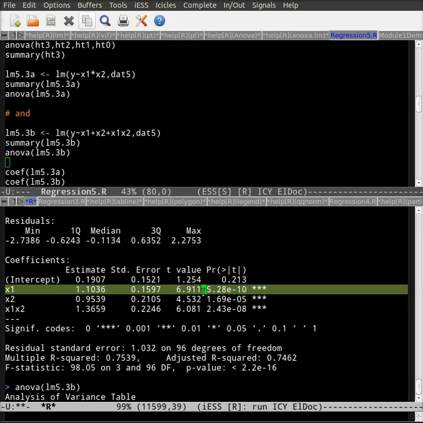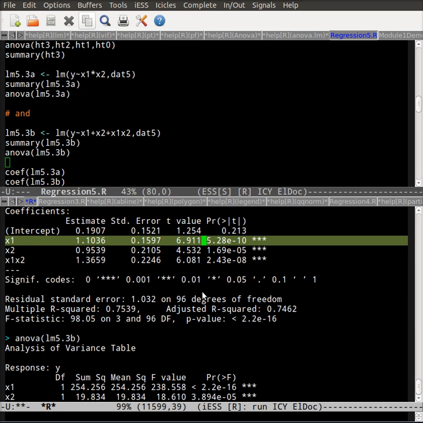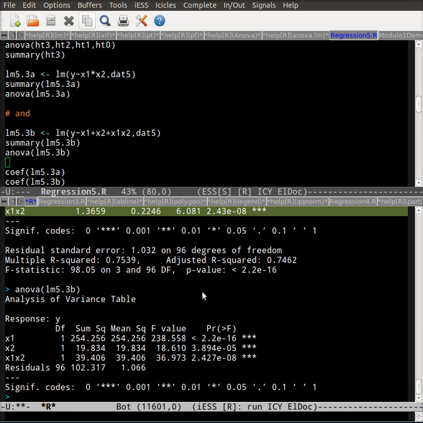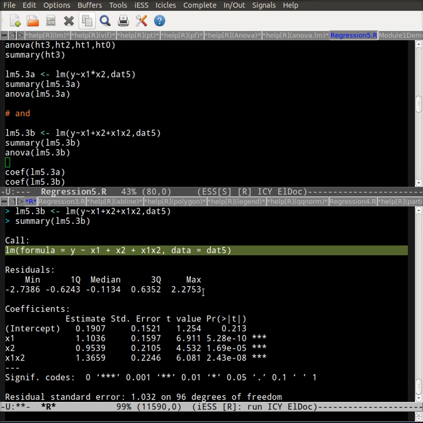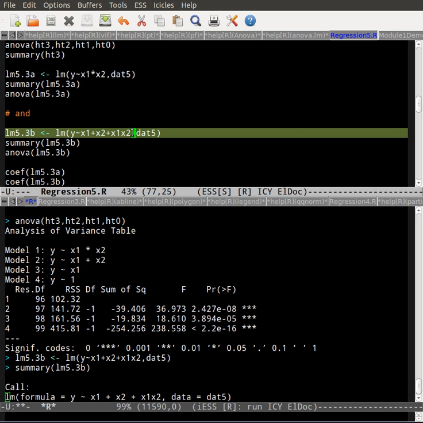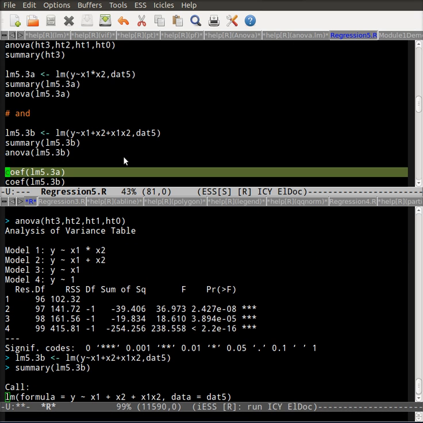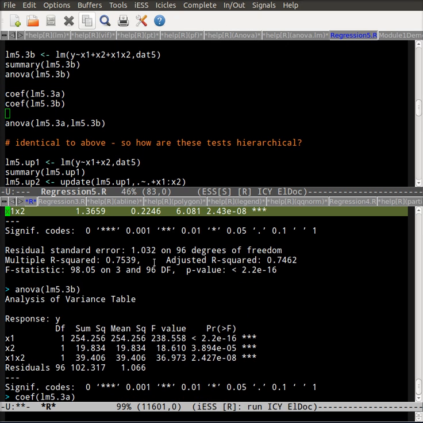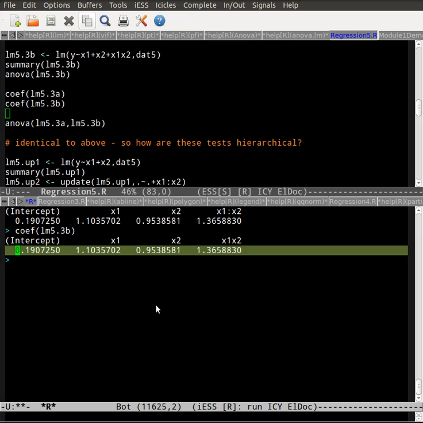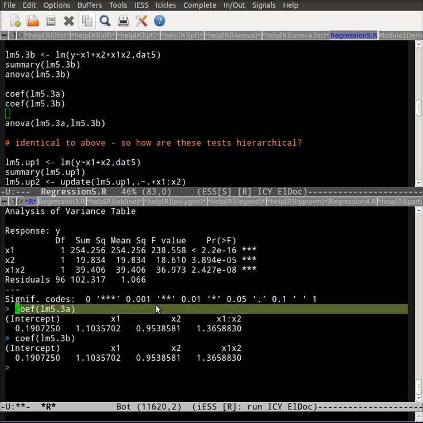Okay, so I get 5.28, and you'll see here, let me see here, I'm testing different things here. This is easier. So if I look at my coefficients for whether I specify a multiplicative term or an interaction term, they're identical.